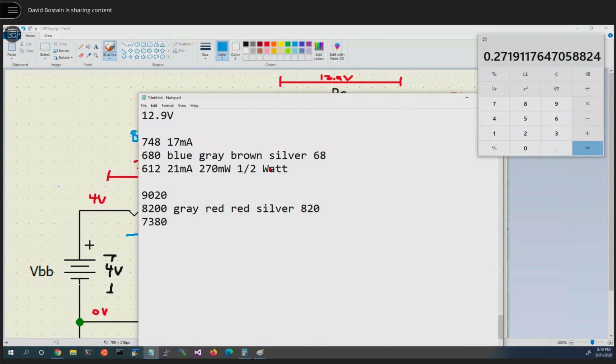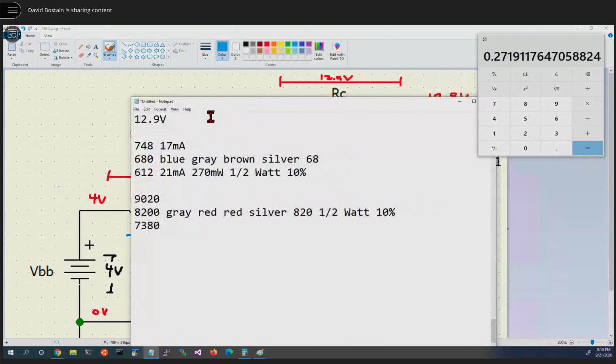So our resistor is going to be 680, 10%. Let me write that down over here somewhere so we remember it. And we said for the other guy down here, he also is going to be half watt and 10%. So we'll just write it down and keep track of the fact. Now we can do the other half if we choose to. What was the voltage for him? He was 3.3 volts.